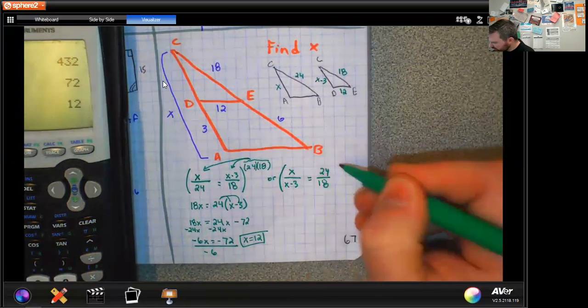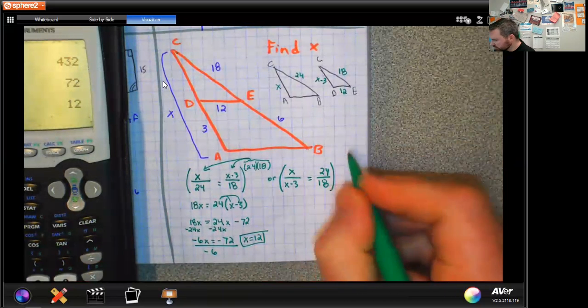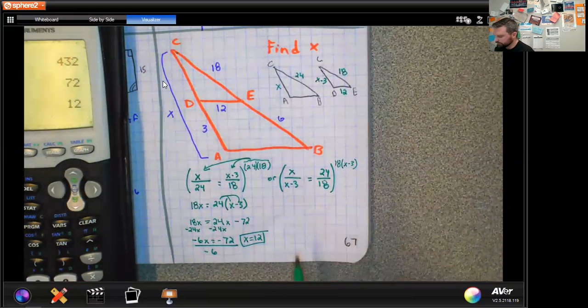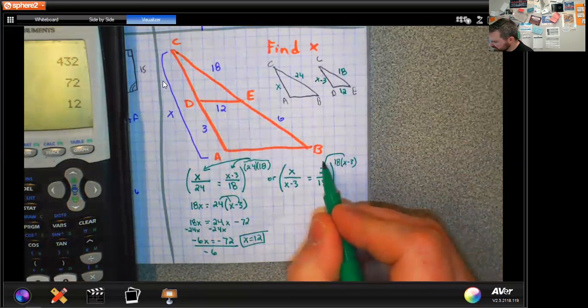So we're going to multiply the whole thing by your common denominator, which would be 18 times x minus 3. Okay, so I'm going to take this thing times both of these.